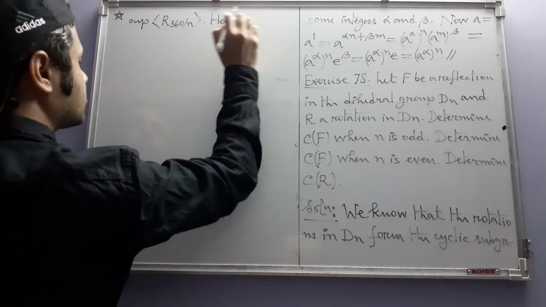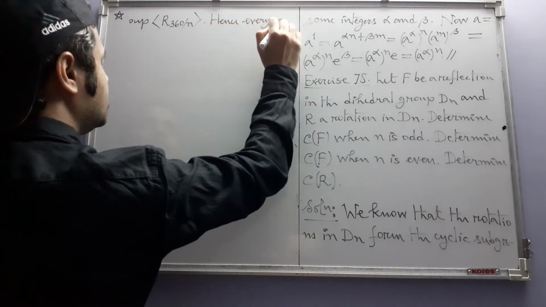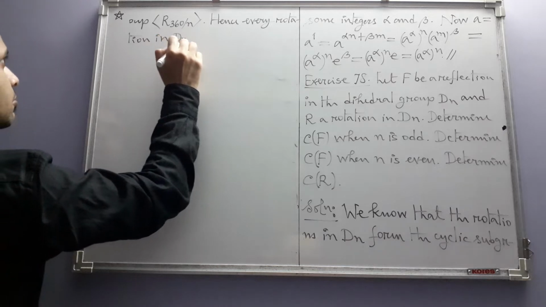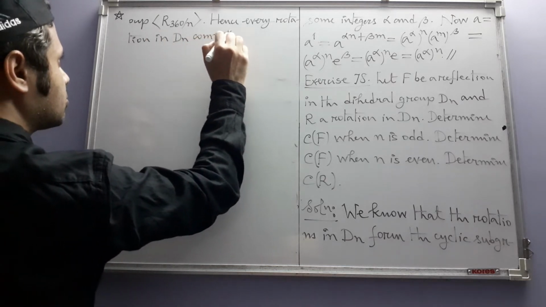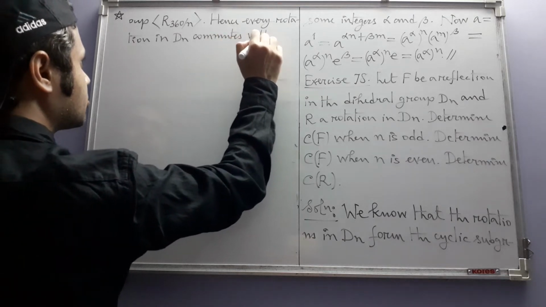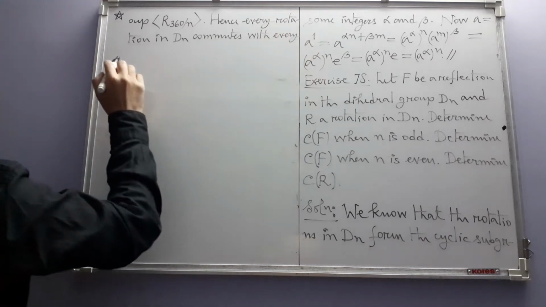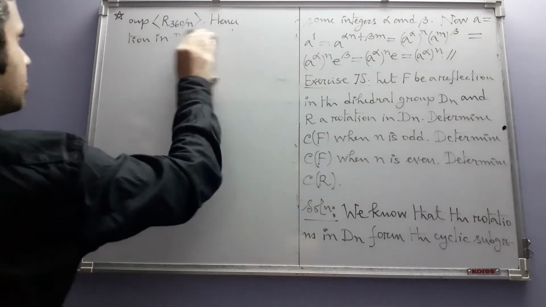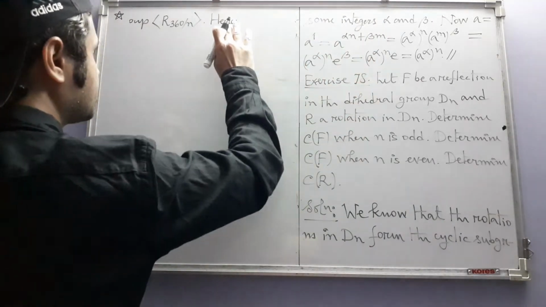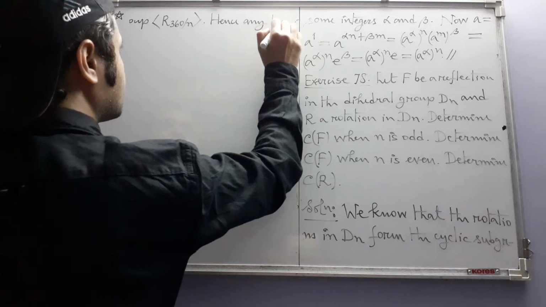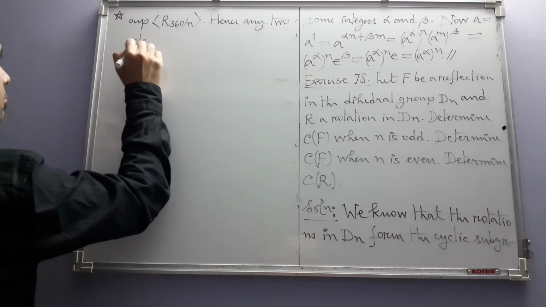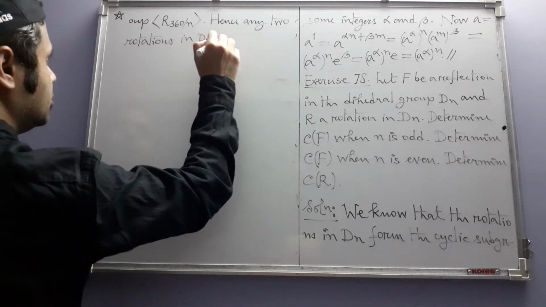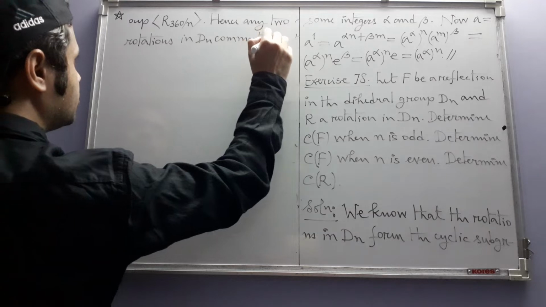Hence, any two rotations in Dn commute with each other.